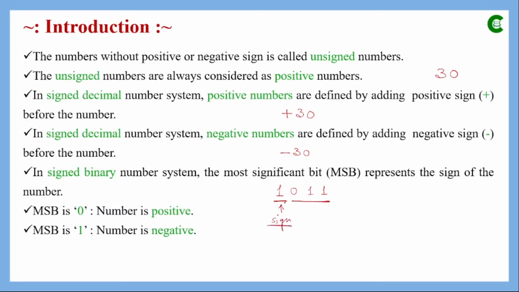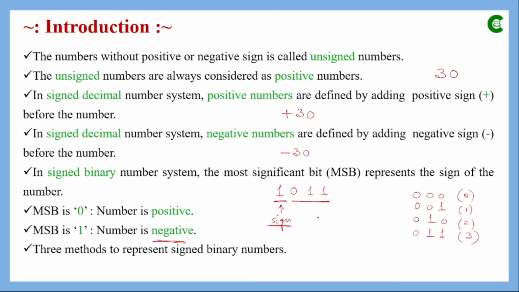Since this MSB is 1, our number will be negative, and 011 is our magnitude. Going by this convention, 011 is equivalent to 3 in the decimal number system, so it will be -3.